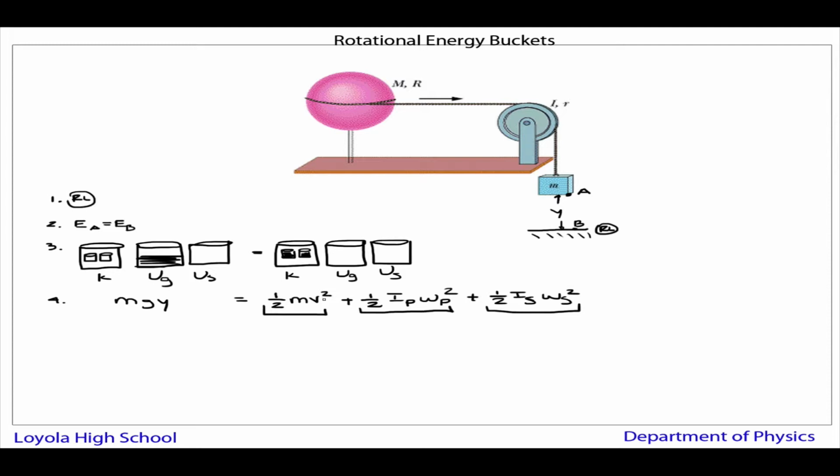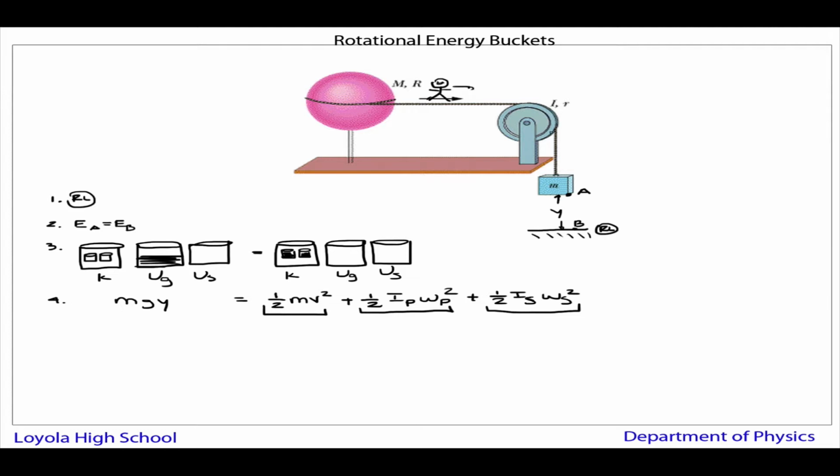Here's our linear velocity, except that we have these omegas in here, which are rotational velocities. They're related to the linear, but we want to get those out of there. The key point is that all linear quantities are the same. If I put a person on the rope right here, that person is going to travel at the linear velocity.